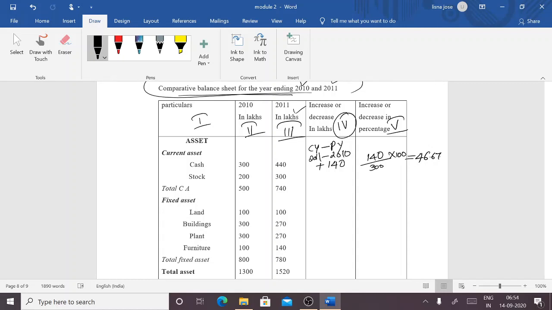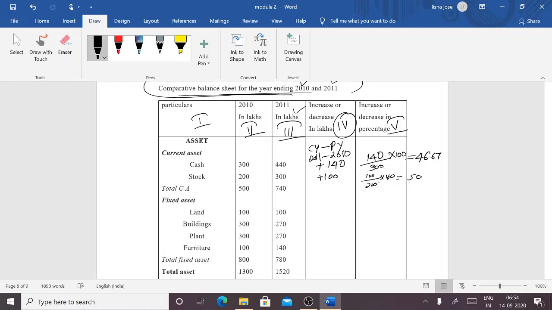Then coming to the next item, stock. The base year is 2010. Compared to 2010, in 2011 there is an increase of 100. Then the percentage is 100 divided by 200 into 100, which is 50%.